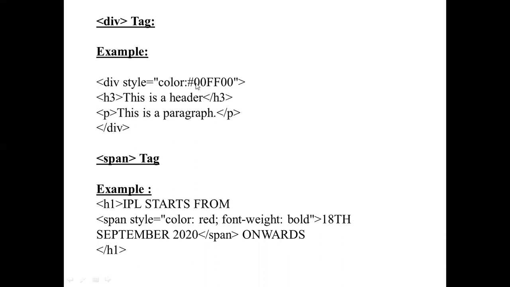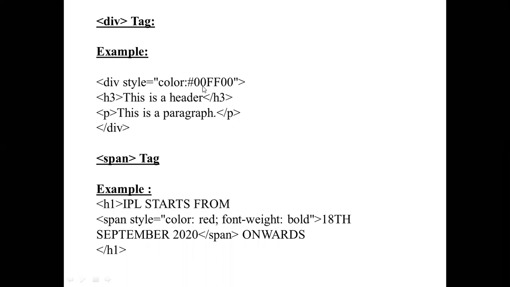Why? Because the color is represented as RGB, RRGGBB. This is a hexadecimal number prefixed with a hash. Here 00ff00 means R is 00, G is FF, so the color is green. If you place FF0000, it is red.